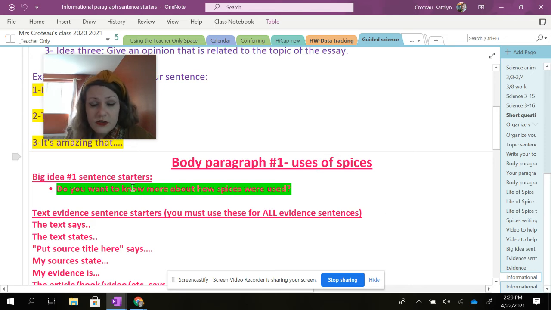Not a fact, just letting the reader know this paragraph will be about how spices were used. You can say it exactly that way, or you can get a little more creative and try to write it in your way. Okay? But you want the reader to know what's to come. Single sentence usually is pretty good for that. Okay?